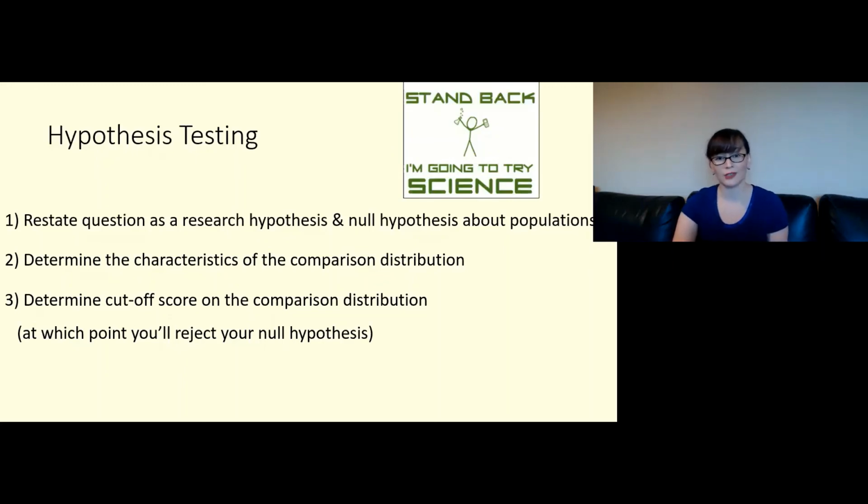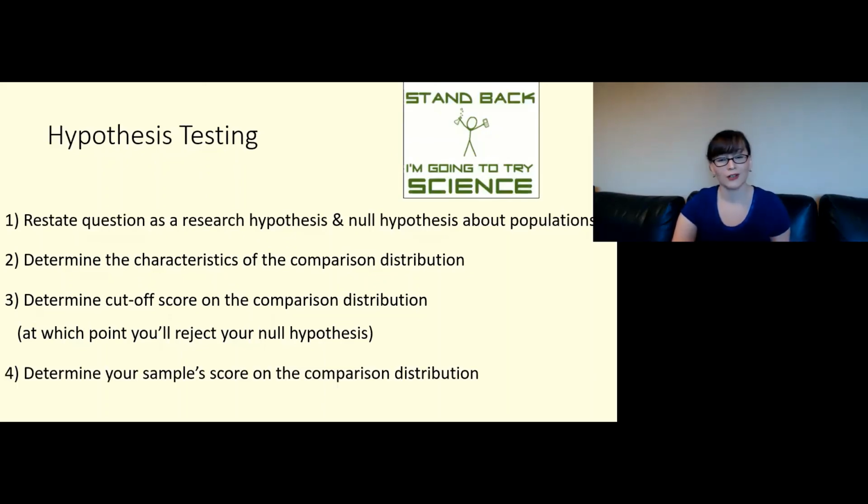And this is the point that we've talked about related to statistical significance, the point at which we'll reject our null hypothesis. And we'll talk a little bit more about what that means in the next video. Step 4 is that we're going to determine our sample's score on the comparison distribution. And lastly, we're going to decide whether we should reject the null hypothesis or not. And so these are our 5 steps.